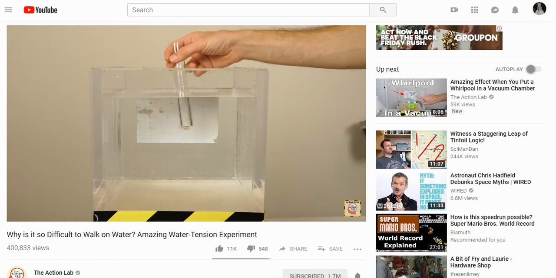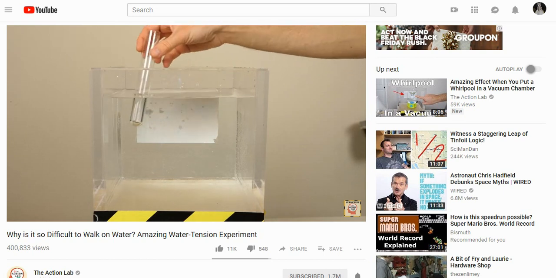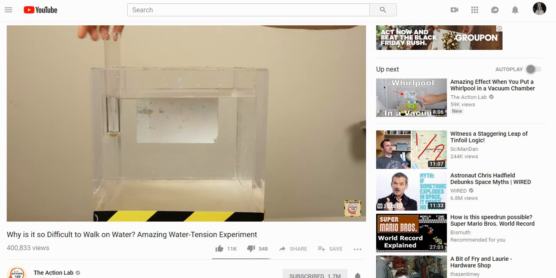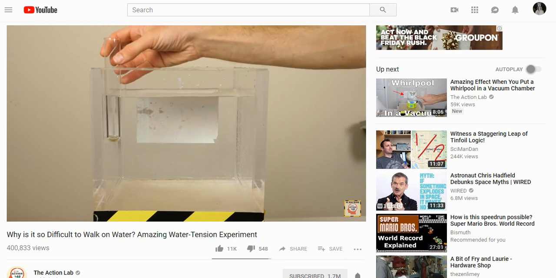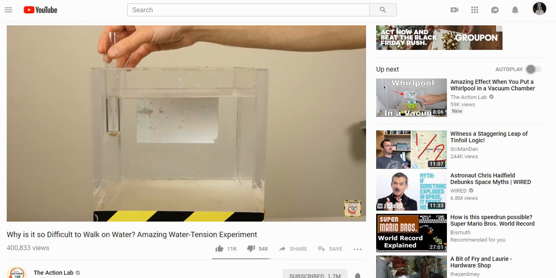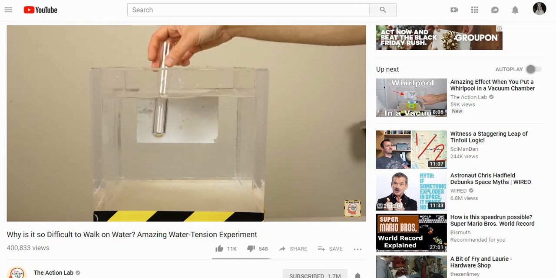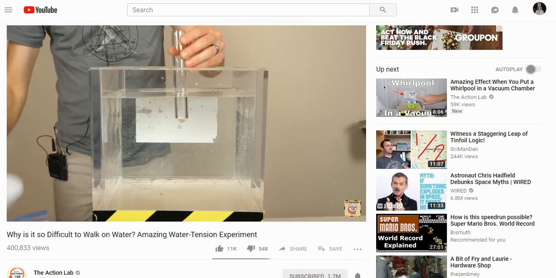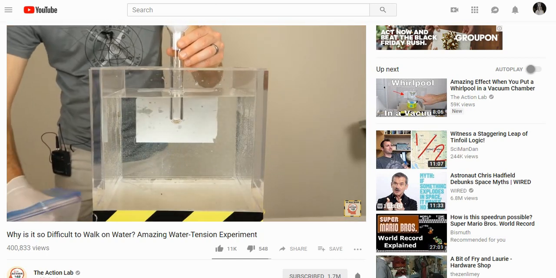And that's because the center of gravity, the center of mass, the center of buoyancy are quite high up. And so there he's just trying to stabilize it by putting it against the side of the tank. You see what happens a little later when he adds in some ball bearings.